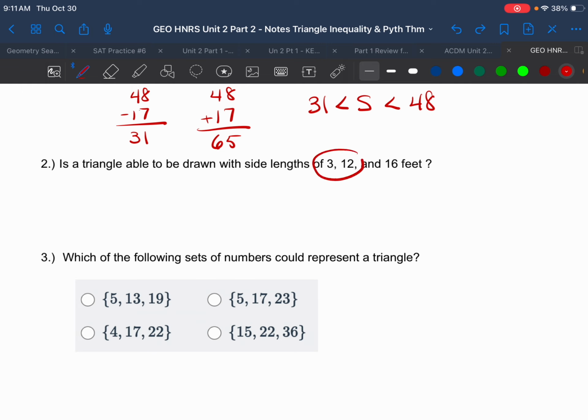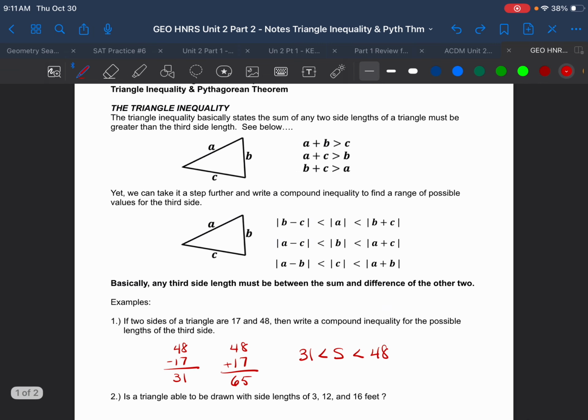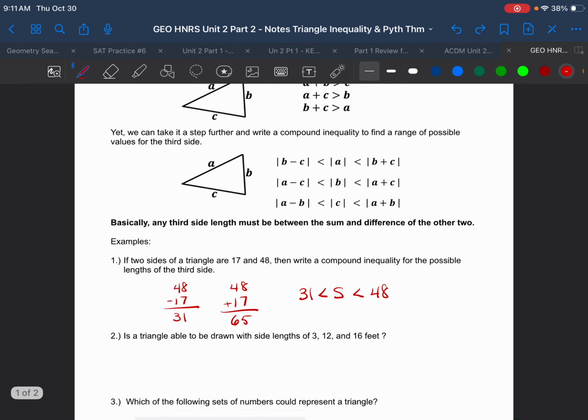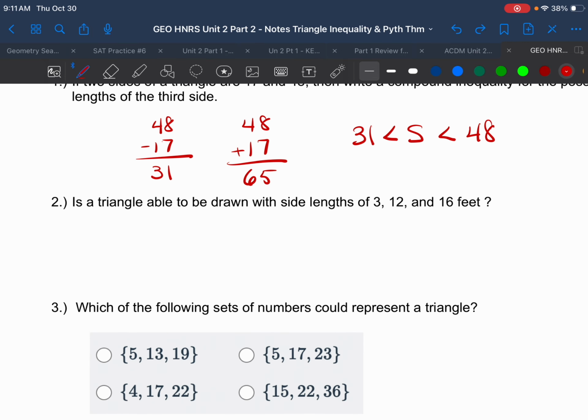However, 3 plus 12 is 15, so that is not greater than the other side. If I go back to the very top, if a triangle is able to be drawn, any two side lengths you pick should be greater than the third side. So this answer would be no. This is not possible to exist or not possible to be drawn.